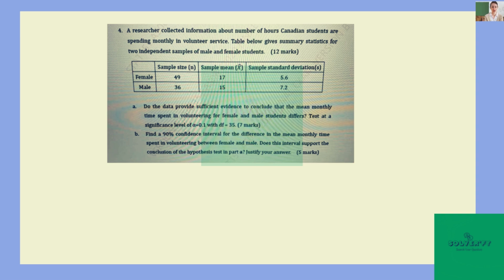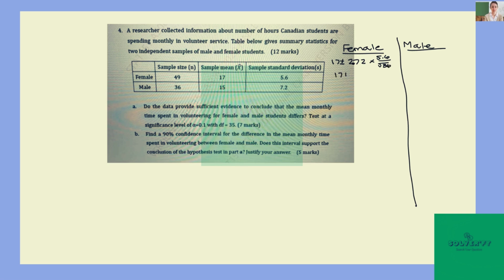For the female, I'll do female first, and then I'll do the male. It would be 17 plus or minus 2.72 if you're looking at your T chart, times the 5.6 divided by the square root of 36.